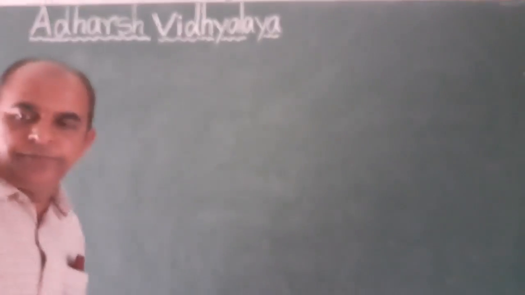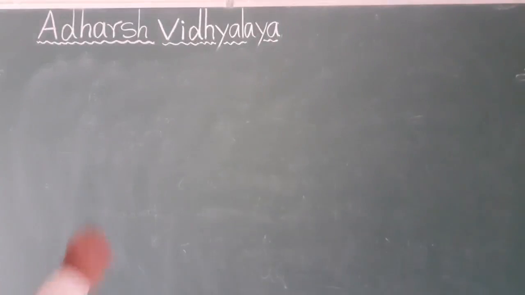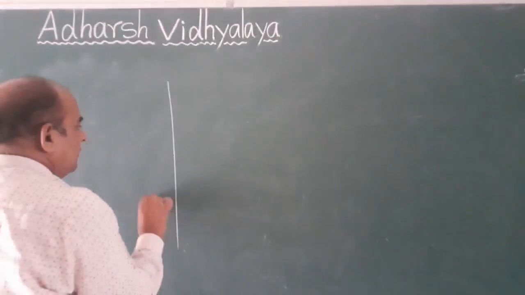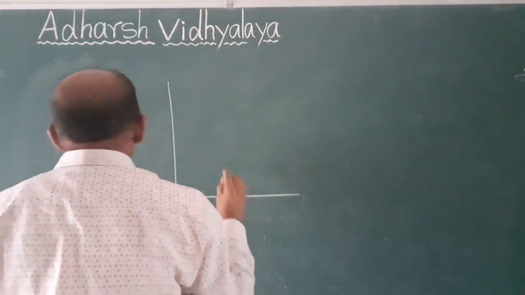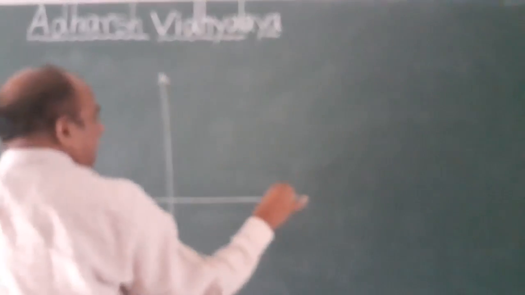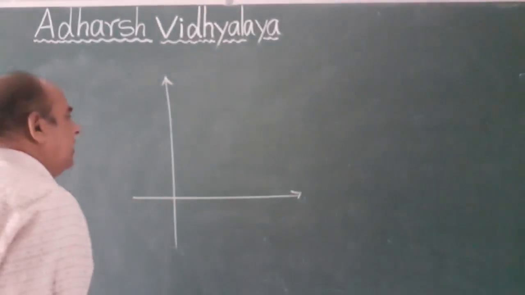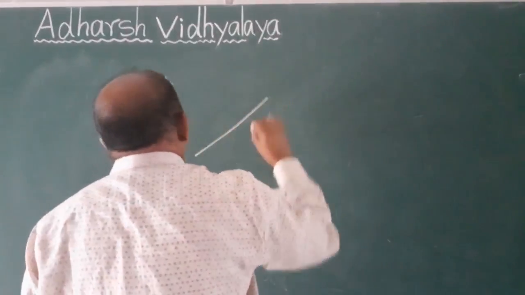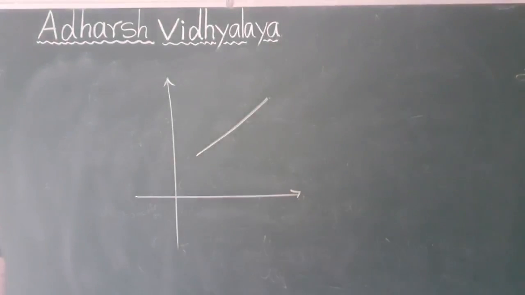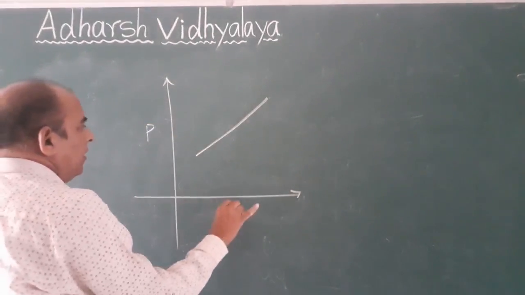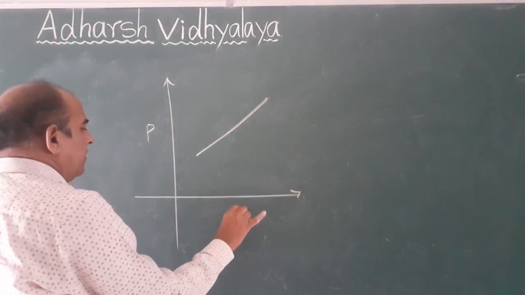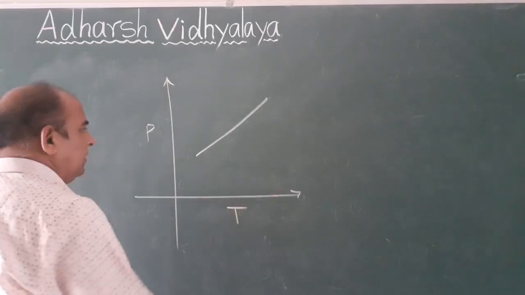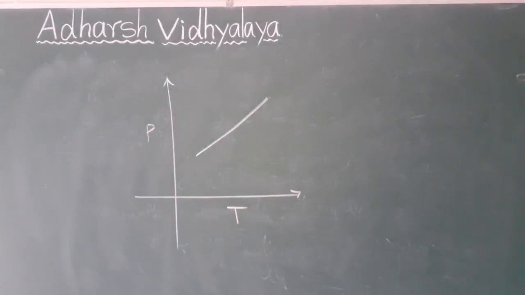Next, we get a curve like this. P, T. We get a PT curve.